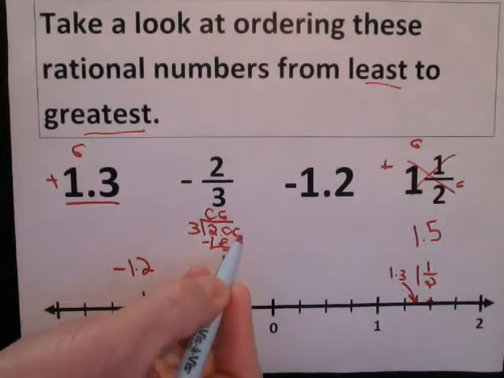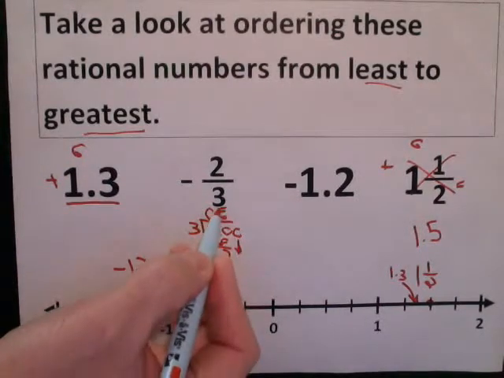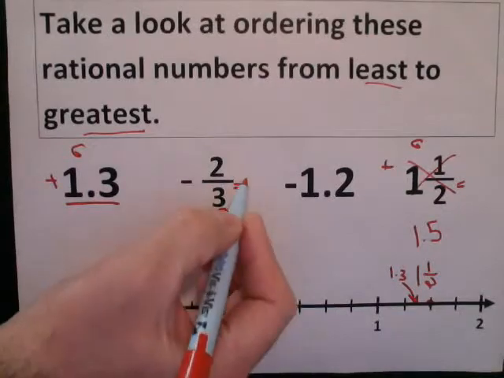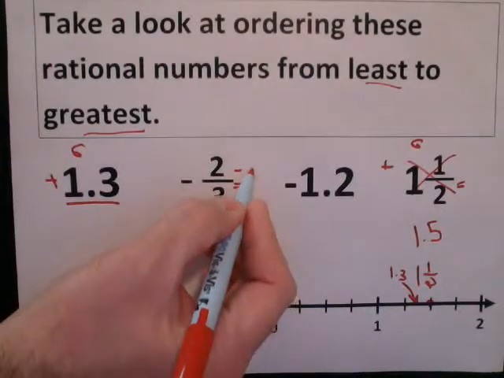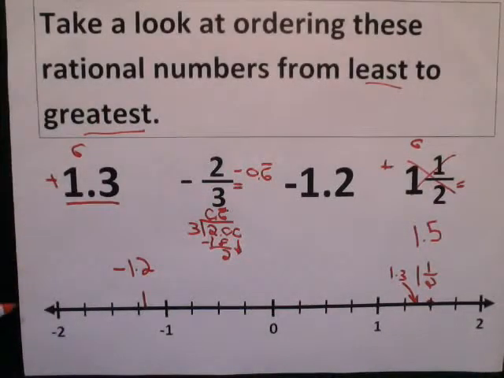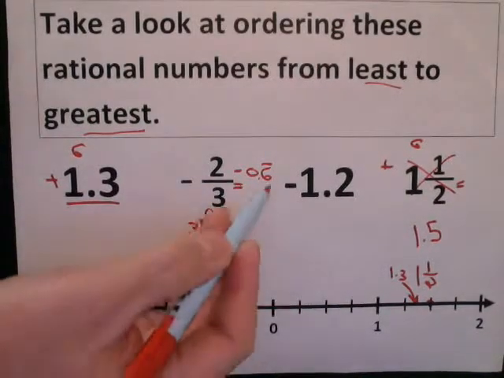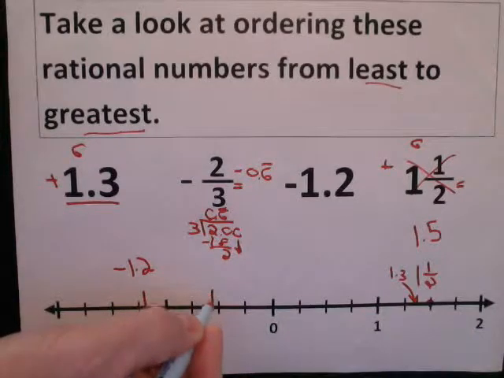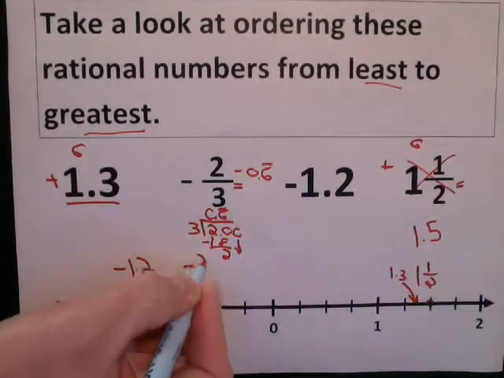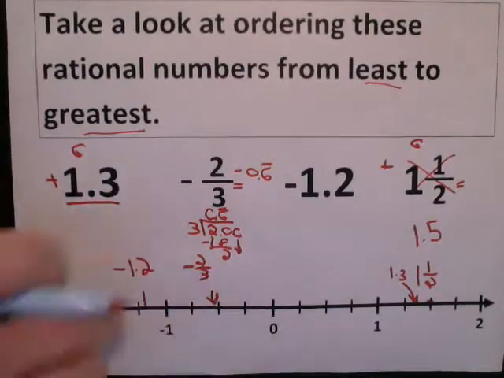And we quickly realize that we would have a repeating decimal. So this is actually equal to negative 0.6 repeating. So in this case, it is definitely 0.6 somewhere right about there on the number line. So negative 2/3 would be right about there.